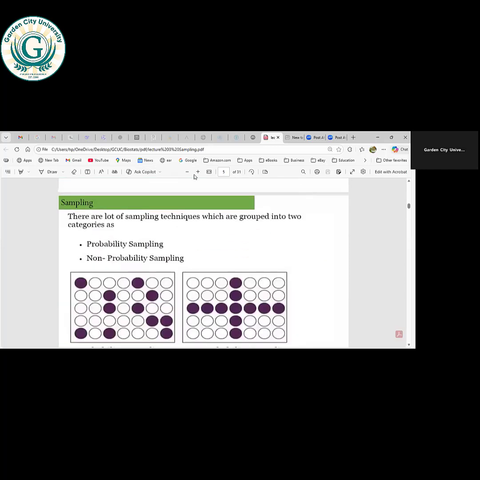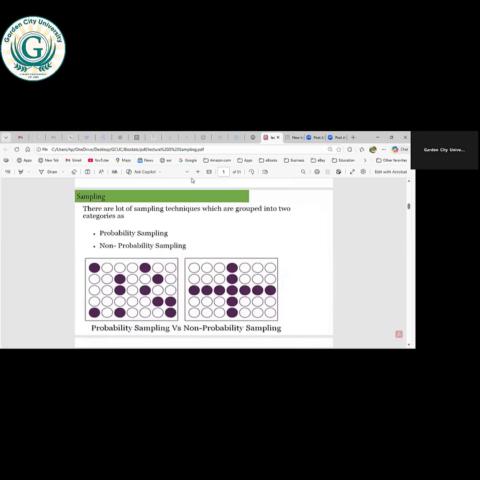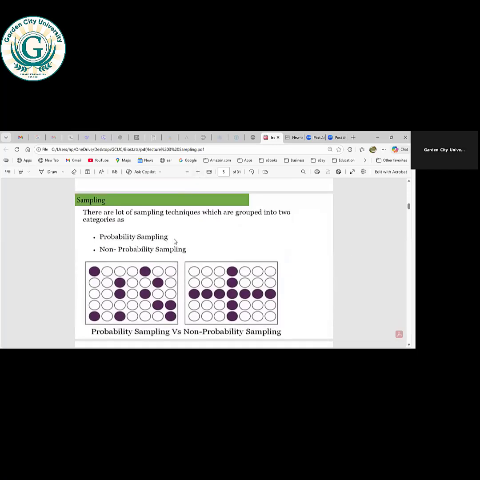So for the sampling techniques, we can group them into basically two. We have the probability sampling technique or the random sampling technique.